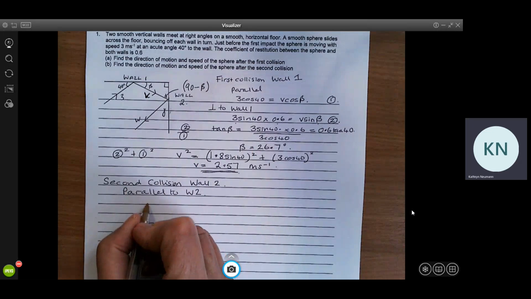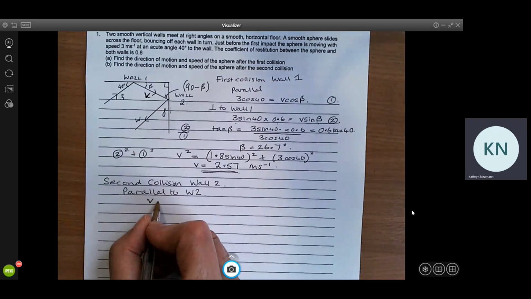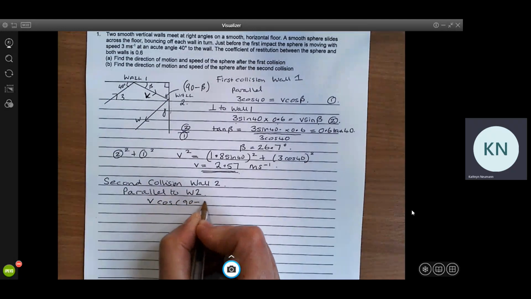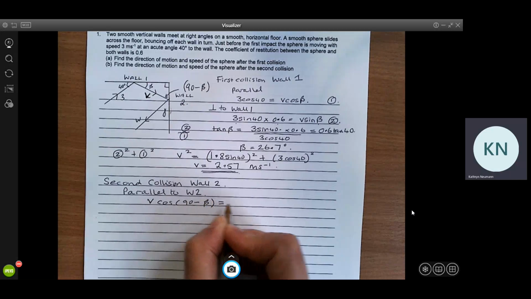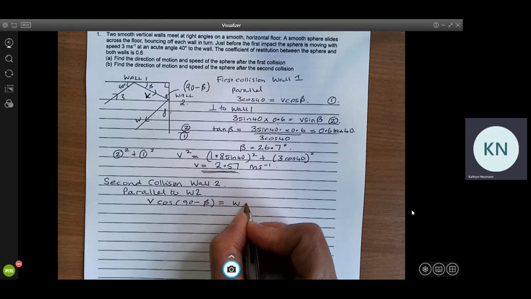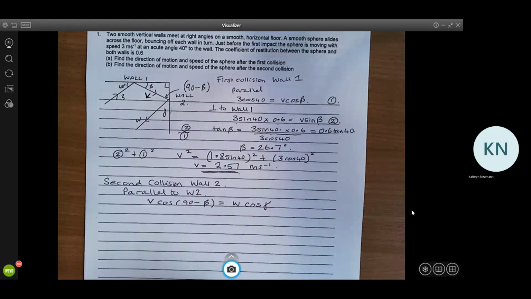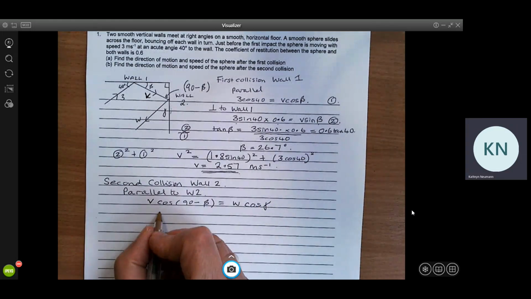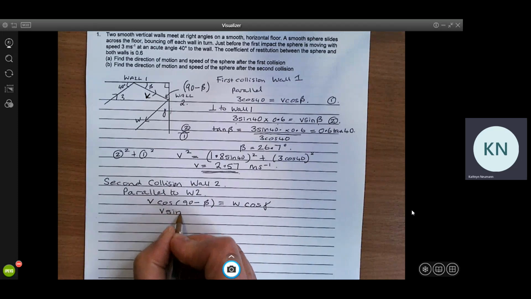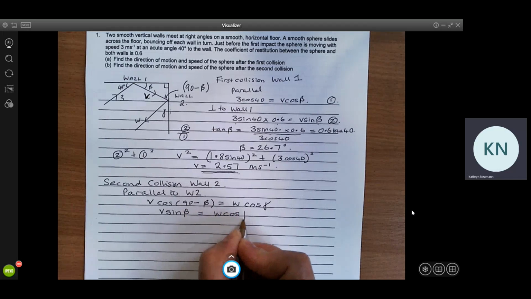But parallel to wall 2, we've got the V coming along here, and then we need to find the cos of 90 minus beta. And that's equal to W, this velocity, times the cos of gamma. So working that out, we get V cos of 90 minus beta, which is the same as V sin beta, is W cos gamma.